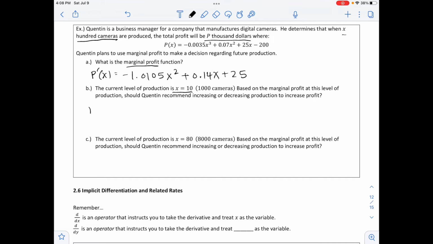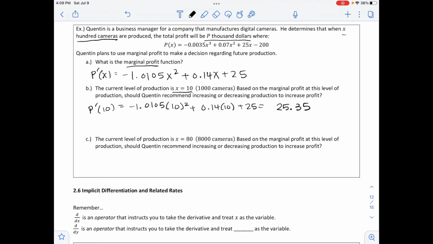So for his marginal profit, for one additional unit, I'm going to go ahead and substitute in 10 up above into our derivative for X. This is going to work out to being 25.35. So a 1 unit increase will increase profit by about $25.35 thousand.